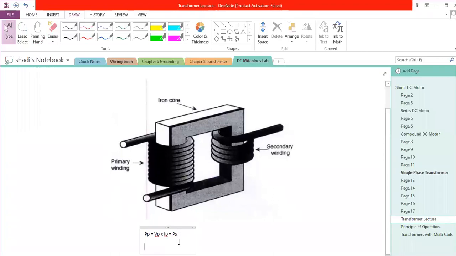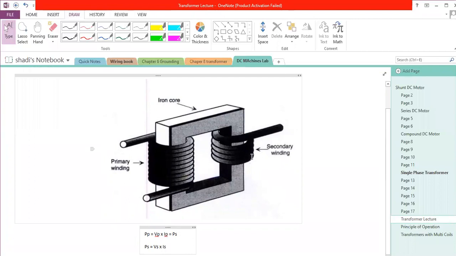Now, the power at the secondary equals V secondary times I secondary, and both of these must be equal. And this is why, if we have a step-down transformer, the voltage at the secondary will be less than the voltage of the primary.